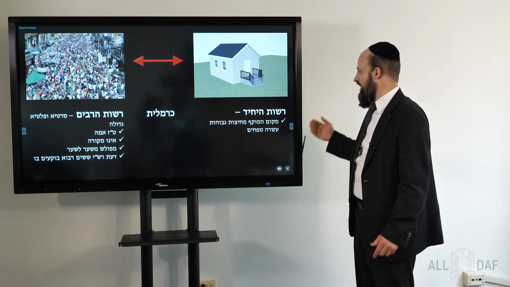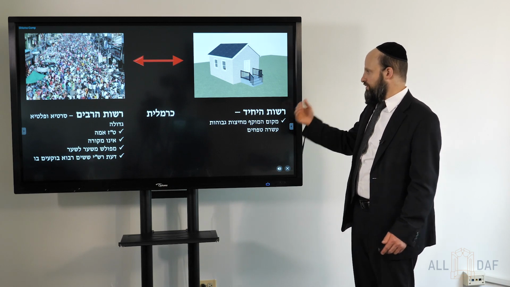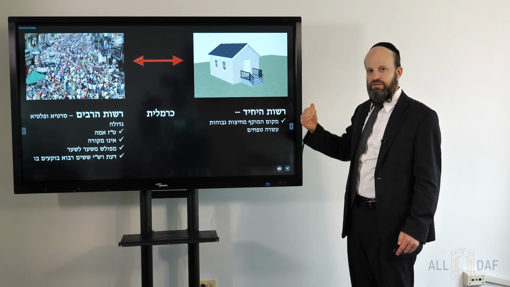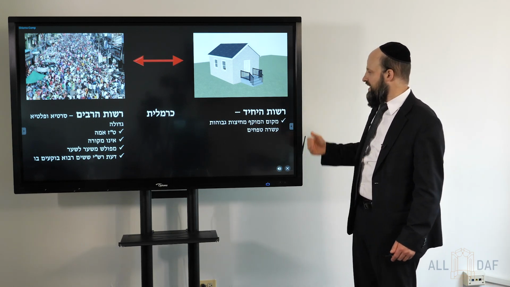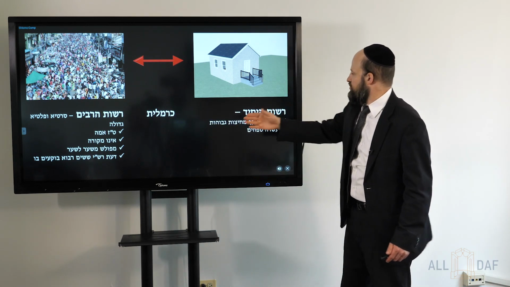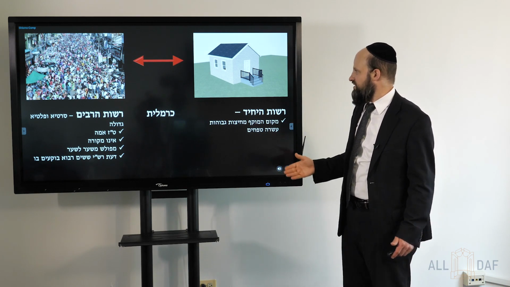And then on the other end, we have Rishus HaYachid, a private domain. And carrying from Rishus Harabim all the way to the other end of the extreme, to Rishus HaYachid, that is a chashuv malacha that's asur on Shabbos. And on a deraisa level, the entire in between, the entire karmelis, in between Rishus Harabim and Rishus HaYachid, has no Isser Eitzah. Eitzah does not relate to a karmelis.